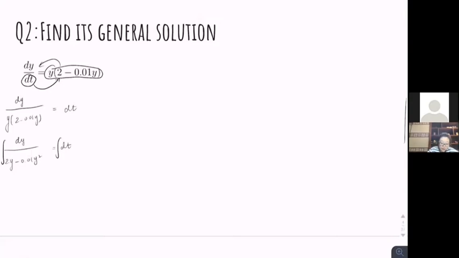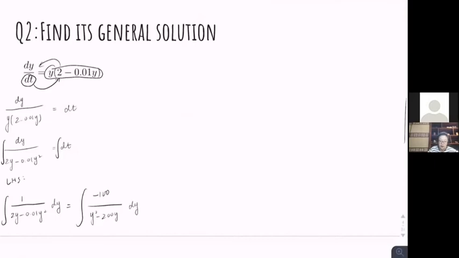Then let's figure out the left-hand side first. This is a little bit complicated. Look at this, we will get the integral of 1 over the whole thing dy. I'll first multiply negative 100 on the denominator and the numerator. Then I will get negative 100 over (y squared minus 200y) dy.